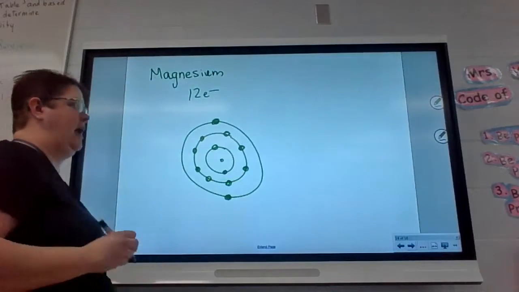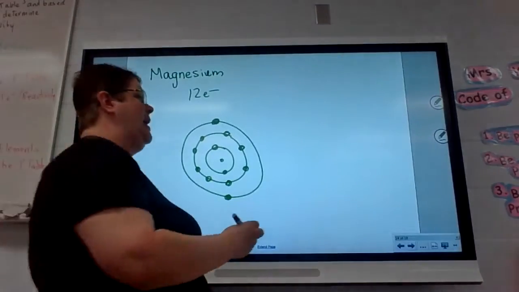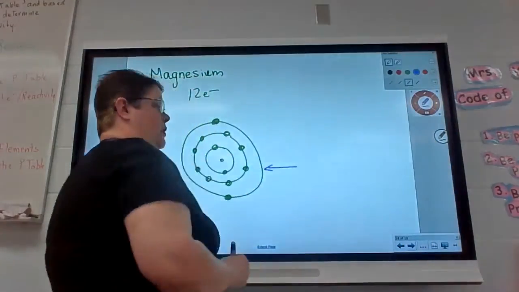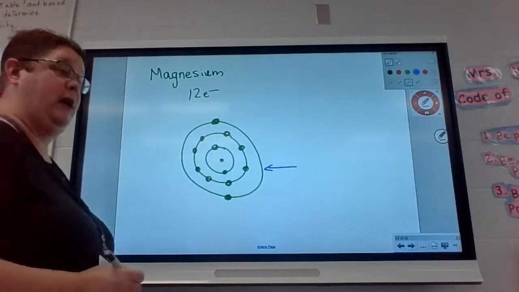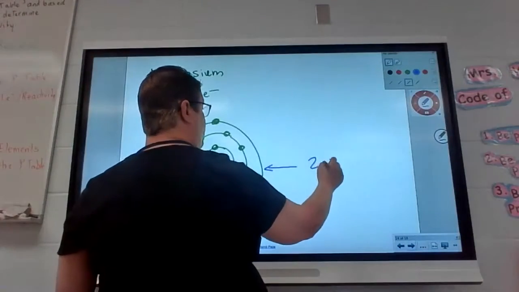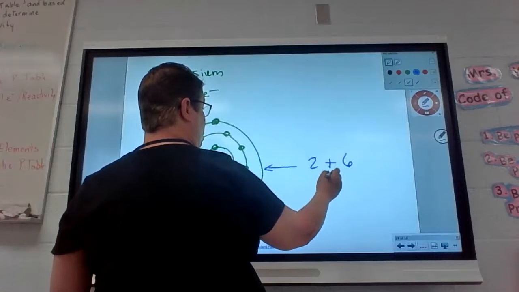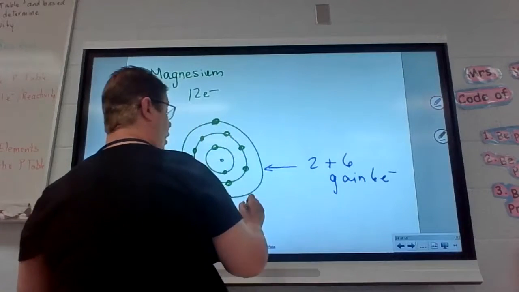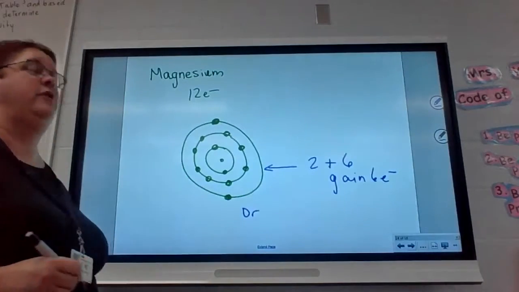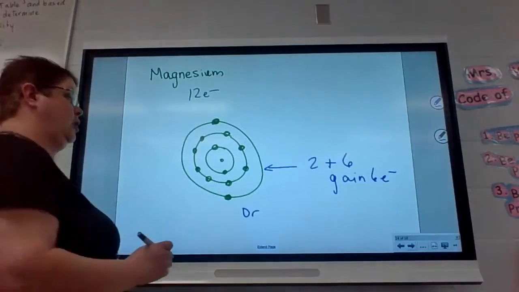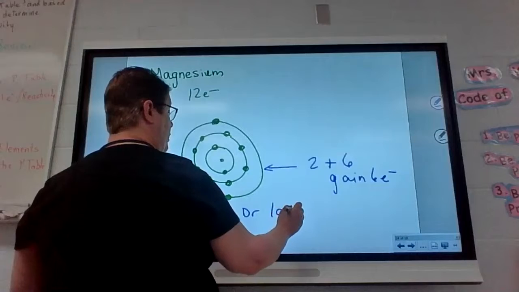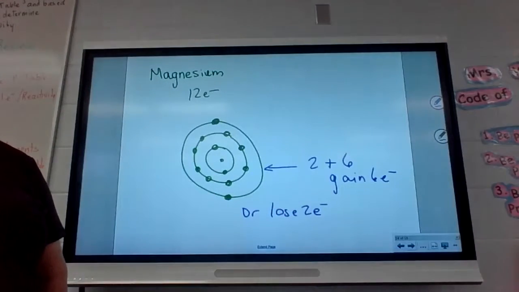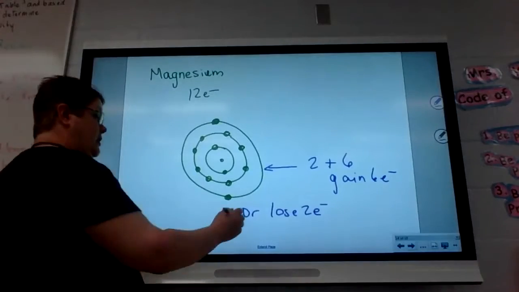And if it had 2 on the outside ring, how could it go about getting to that magic number of 8? Well, if it has 2, it could do 2 plus 6, which is gain 6 electrons, or it could do what with the 2 it has? It could lose the 2. What's easier, gaining 6 or losing 2? It's easier to lose 2.